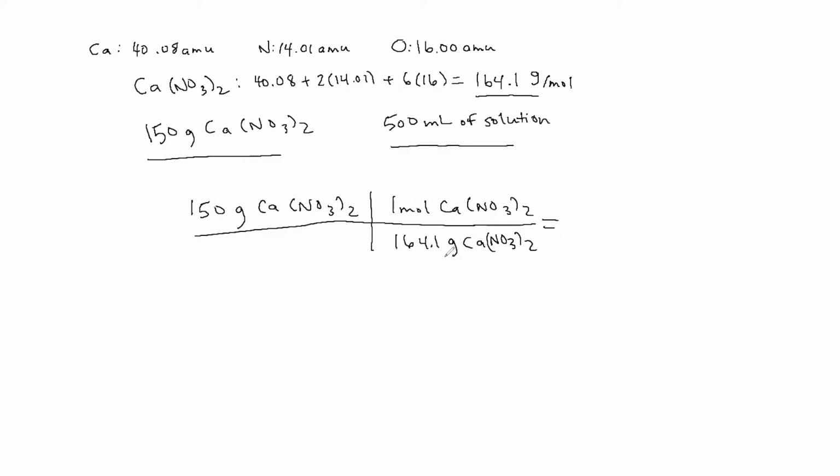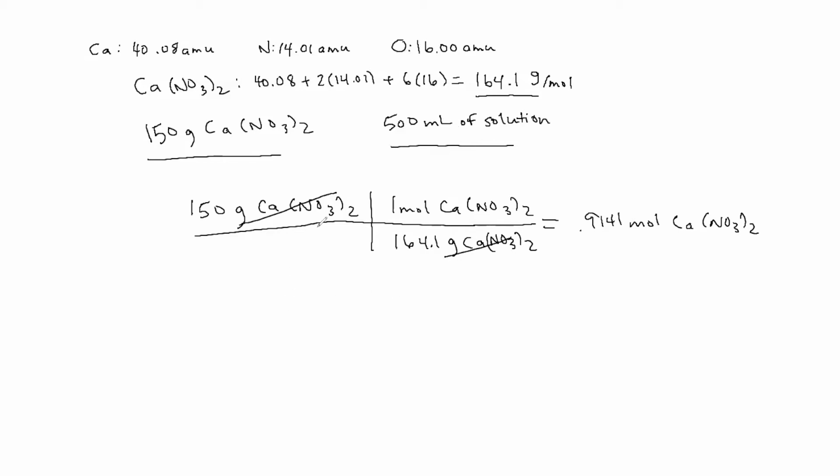So when we multiply that out, our grams units will cancel out here, and we're left with moles, and that comes out to be 0.9141 moles of calcium nitrate. Now, we're almost there. We said that the equation for molarity was moles of solute, which we just determined, over liters of solution.